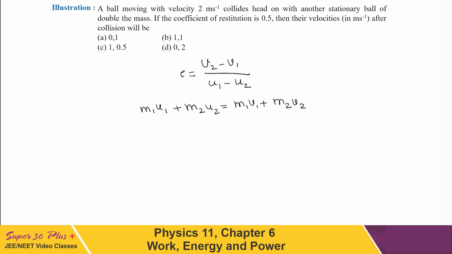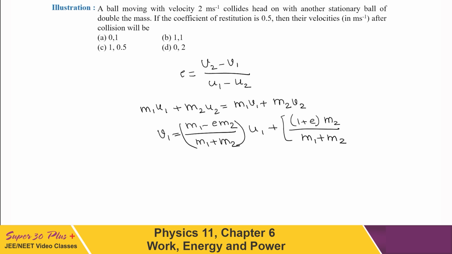So v1 will have the value, on solving these two, m1 minus e m2 upon m1 plus m2 whole multiplied with u1 plus (1 plus e) m2 upon m1 plus m2, this whole to be multiplied with u2.